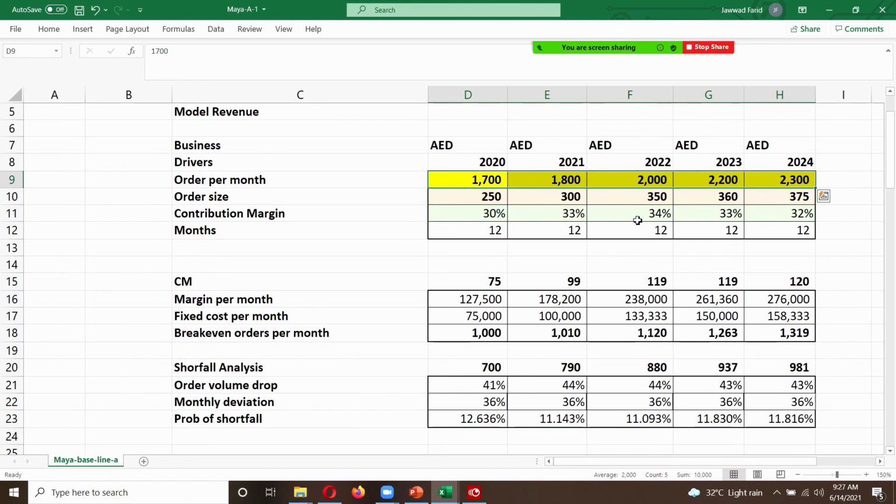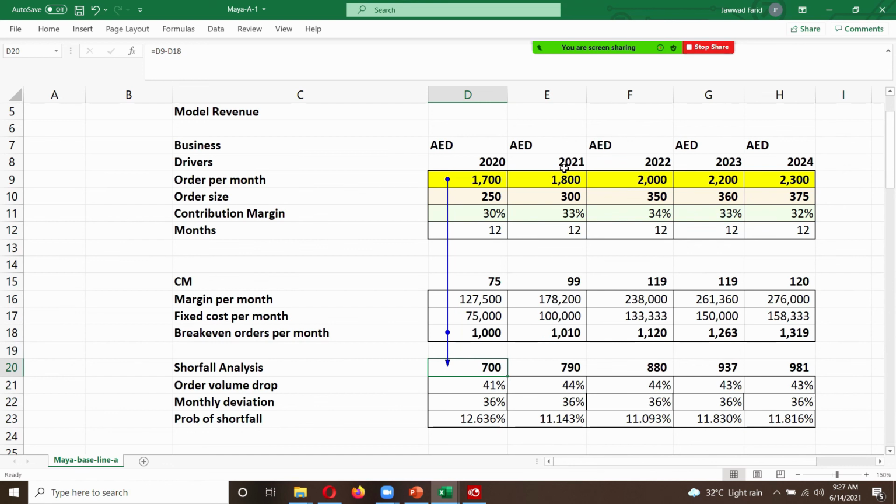What's the probability that orders will fall by 700? So if I look at 2020, this year, I have 1,700 orders per month right now. My break even is about 1,000 orders. The difference between these two is 700. What's the probability that I will see this shortfall in orders?